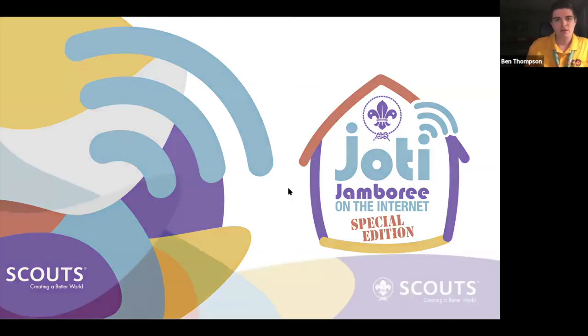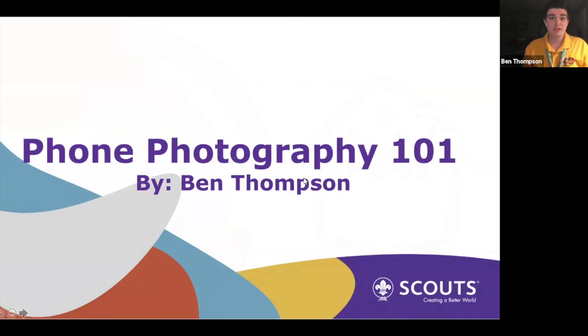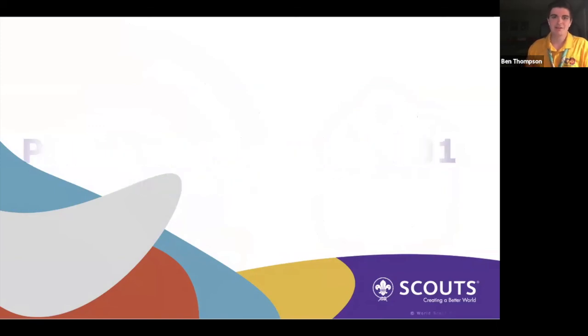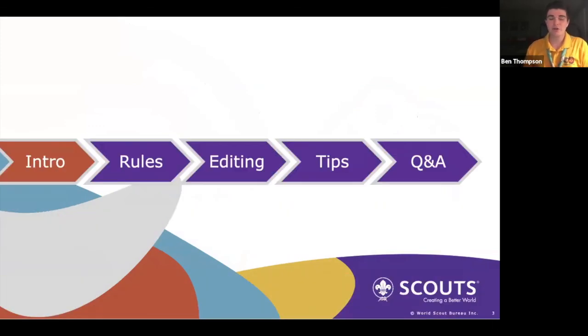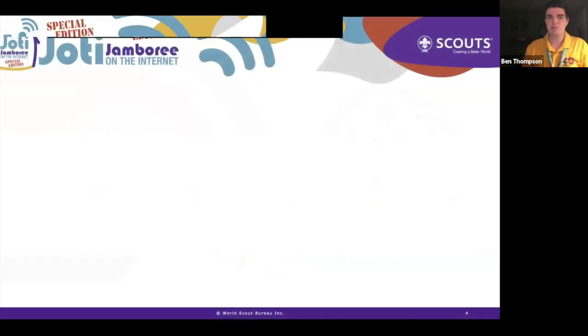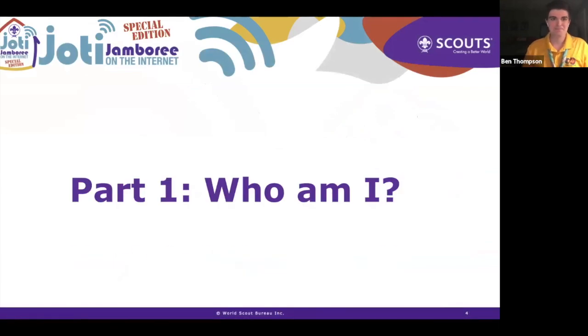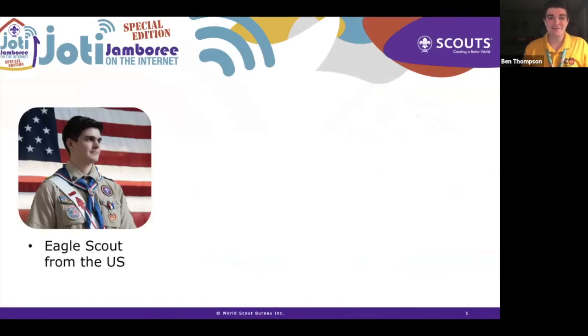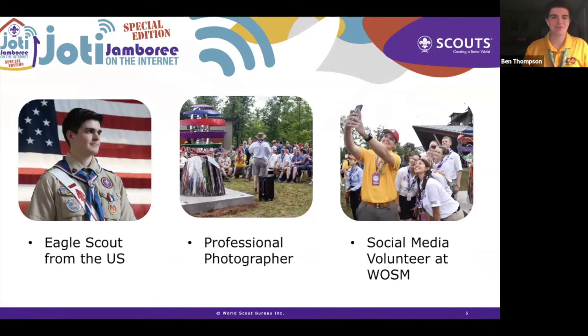Today's presentation is going to be on Phone Photography 101. First, let's start off with my intro. So who am I? My name is Ben Thompson. I'm an Eagle Scout from the United States. I'm a professional photographer, and I am a social media volunteer at the World Organization for the Scouting Movement.